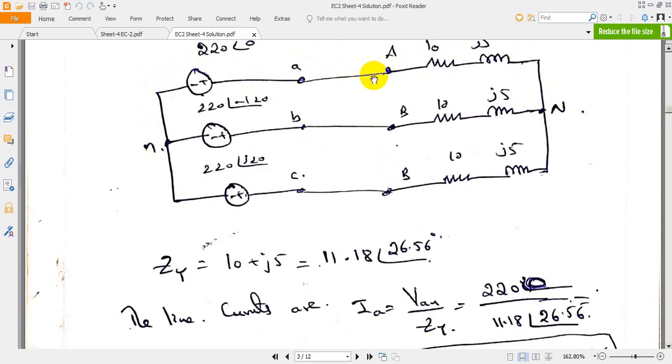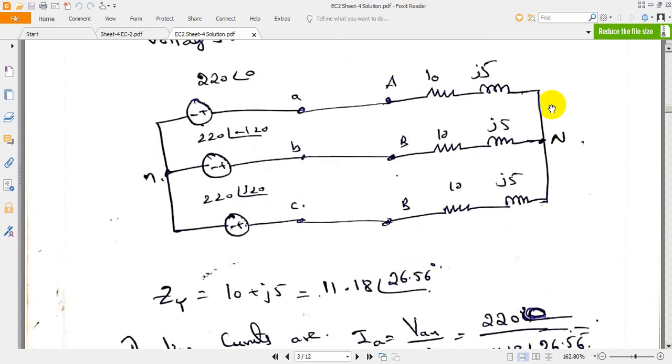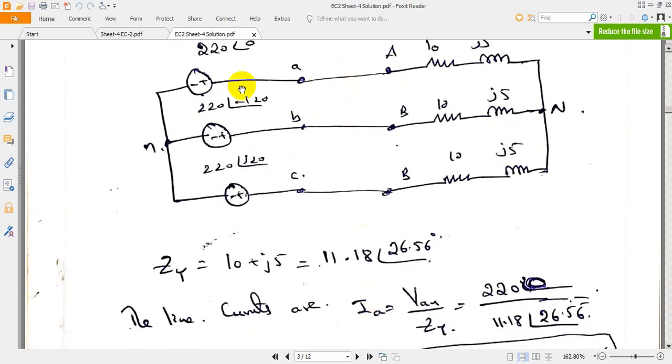If we want to find the current IA, this is one circuit, and this is at the neutral point. Both are at the same potential. So by Ohm's law, IA is equal to the voltage across this element divided by the impedance.